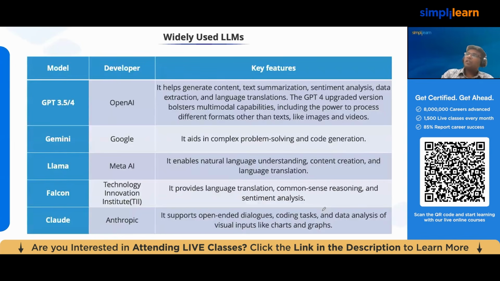Now we'll talk about widely used LLMs. ChatGPT 3.5, 4, 4o, and Mini were released by OpenAI. Then Gemini, released by Google. Llama from Meta AI.